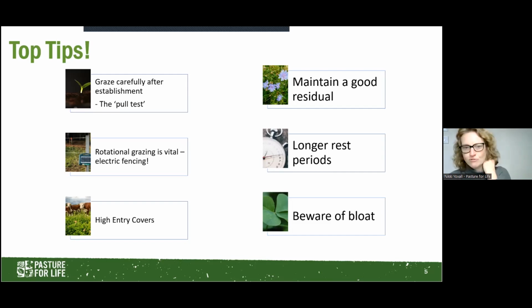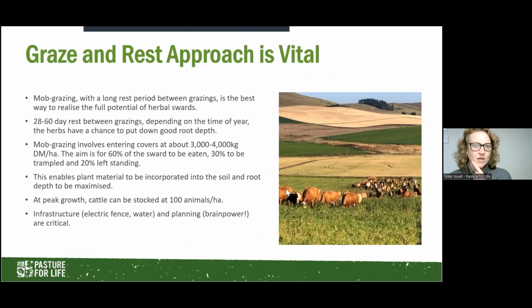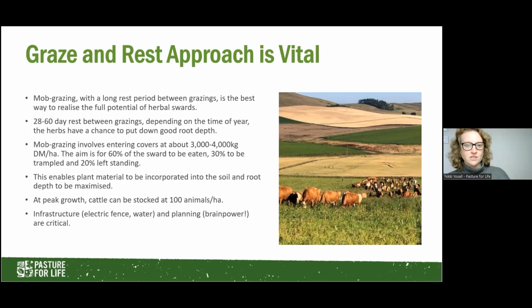I'm just going to rattle through quickly to say that, as we've identified already, the graze and rest approach is vital. Mob grazing with the long rest period is really the best way to utilize these herbal leys and swards, with the 30 to 60 day rest between grazings, depending on time of year, definitely being optimal. And having those high covers, with 60%-ish of the sward being eaten, 30 trampled, 20 left standing.